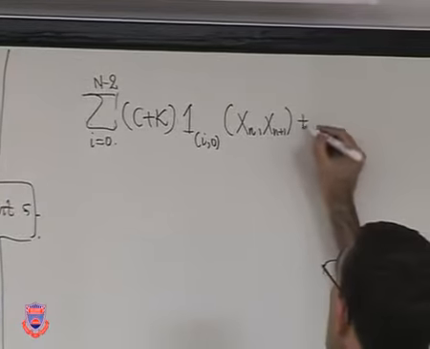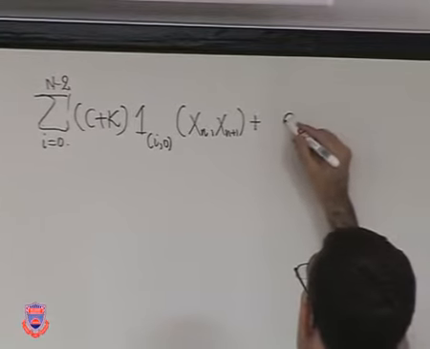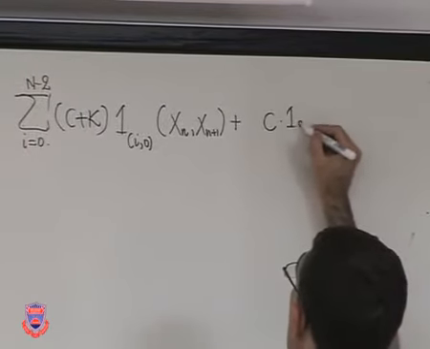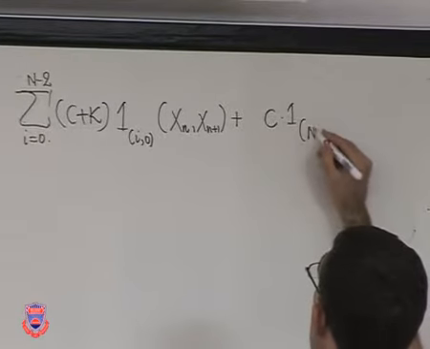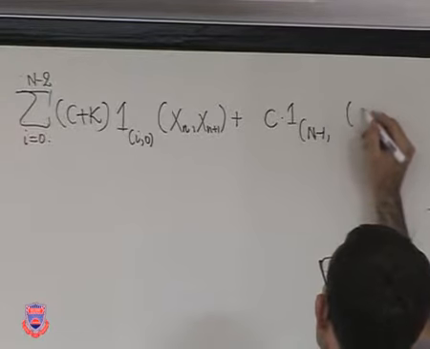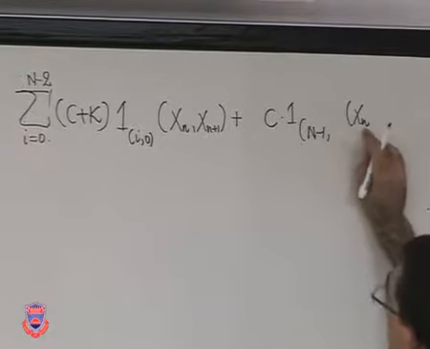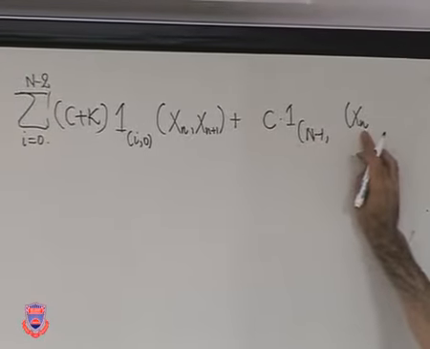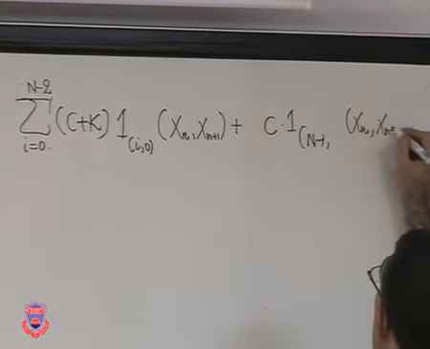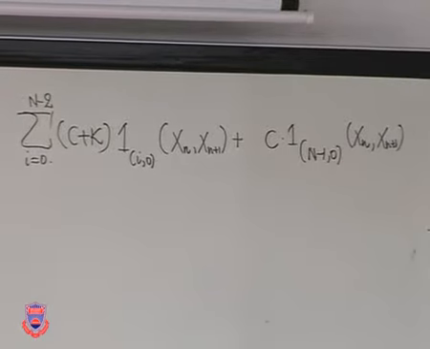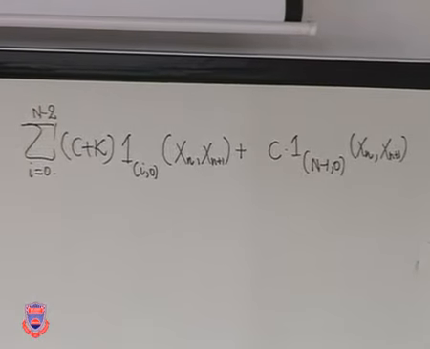Or you will pay only C if i equals n minus 1 at time n. At time n the age of the component is n minus 1, and at time n plus 1, as before, it becomes 0. There is no unplanned replacement.